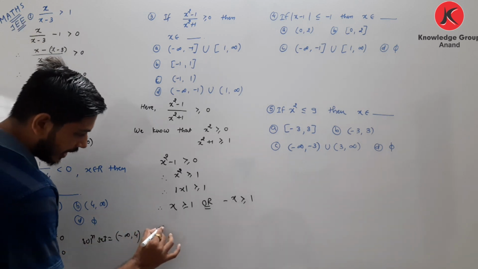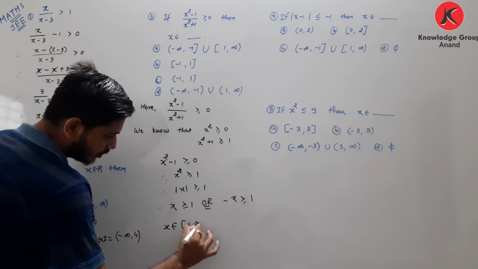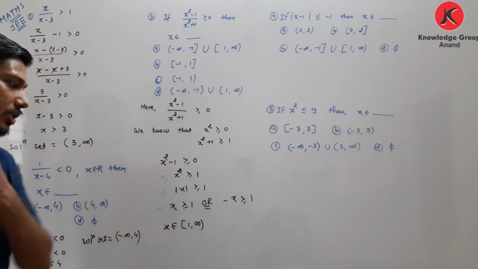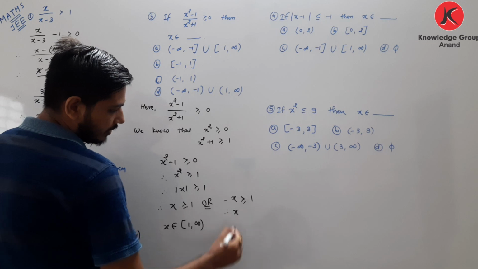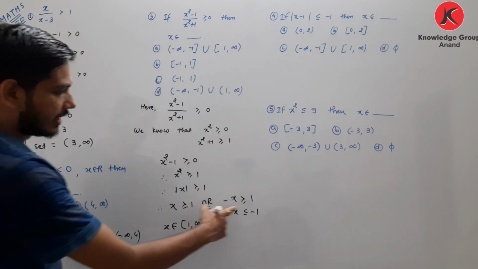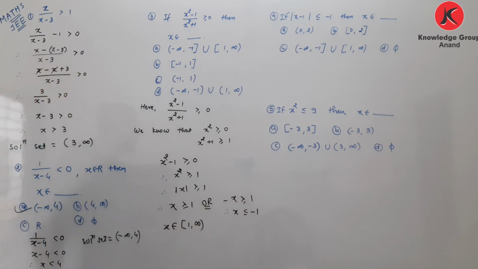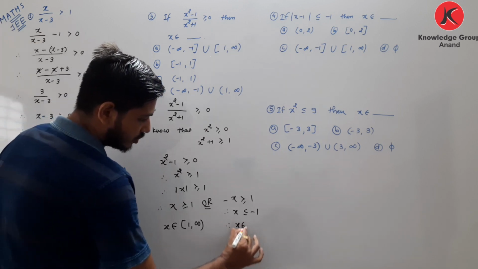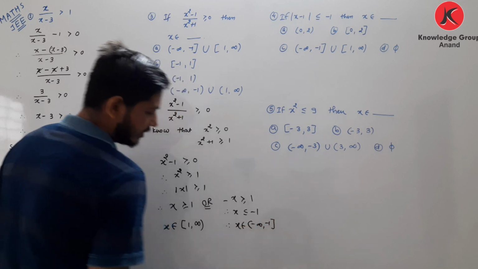We are getting x belongs to 1 to infinite. X greater than equals to 1, that means x belongs to 1 to infinite. Now we have to make the subject x here, therefore I will get x less than equals to -1 because I am multiplying by negative number -1 on both the sides, therefore inequality will change. Therefore I will get x belongs to minus infinite to -1 here.